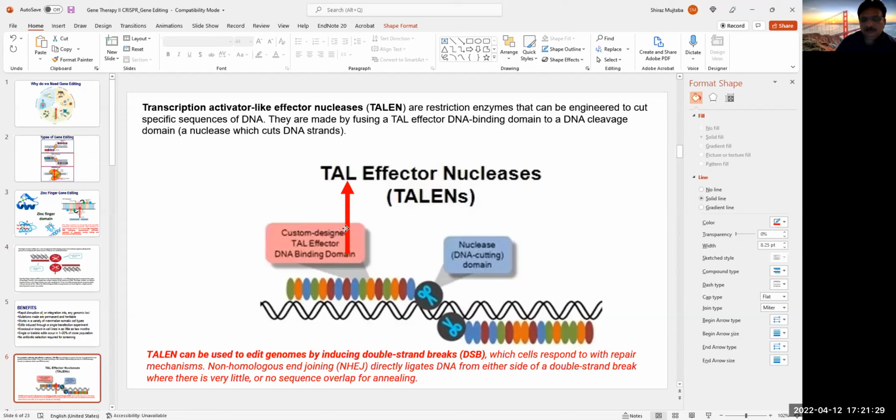The second system that makes gene editing is transcription activator-like effector nucleases. This is called TALEN. Now, what is a transcription factor? Let's say there are many genes in our cells, right?